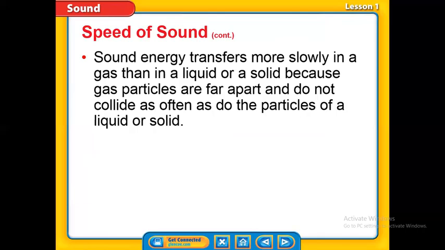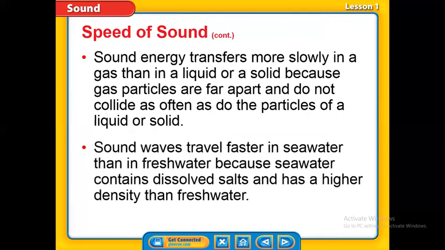Sound energy travels slowly in gases and faster in solids and liquids. The sound wave also travels faster in seawater than in fresh water, because seawater contains more dissolved salt, which causes higher density than fresh water.